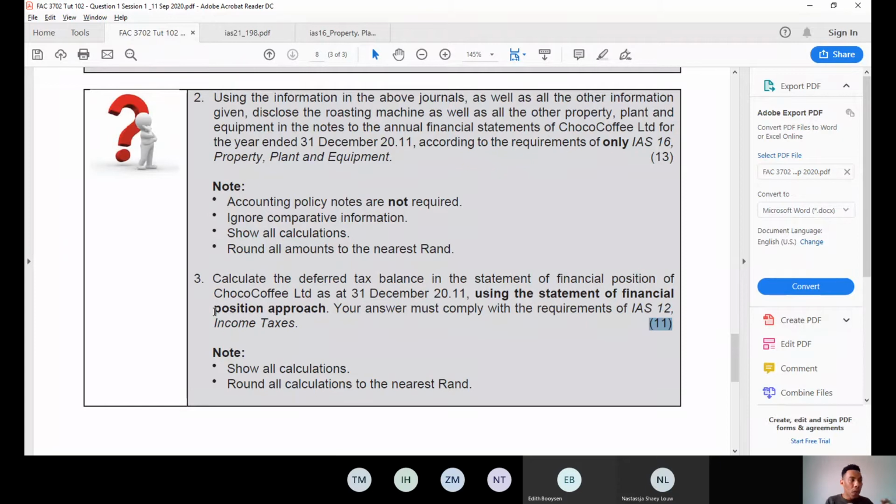But when you practice this question under exam conditions, you just answer what you've been asked. So within the scenario itself, I will highlight all those sections that are not part of the required, right? Okay. So what's important is you need to show all calculations and then round to the nearest figure.